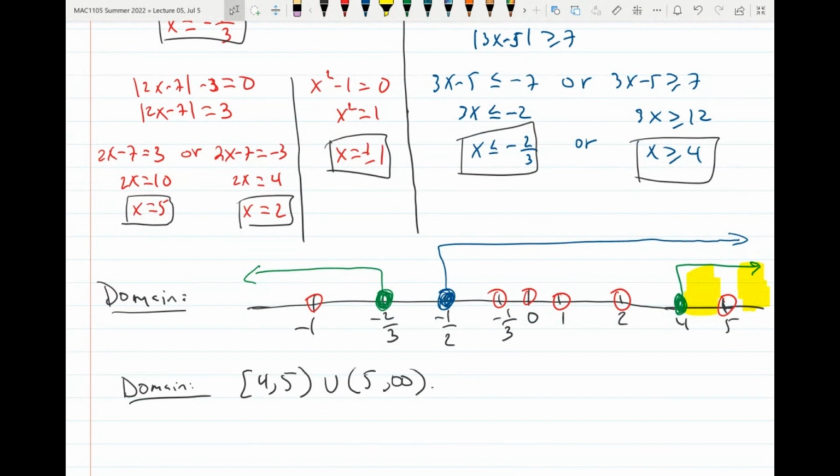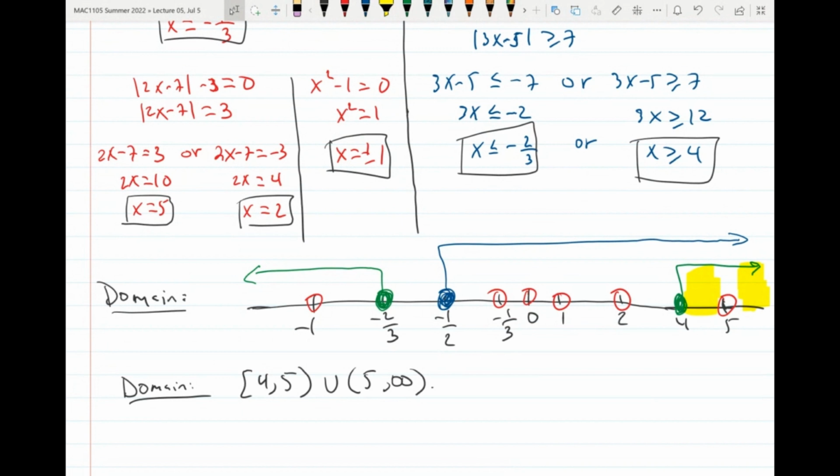Did you understand this? So again, the point is just do it one at a time, little by little, and then once you have all your wants and don't wants and so on, throw everything on a number line, and then start dropping everything little by little, and then you will see what you should consider or not. Okay? Remember, you always want the intersection here. You want to see what's okay for everybody at the same time. Okay?